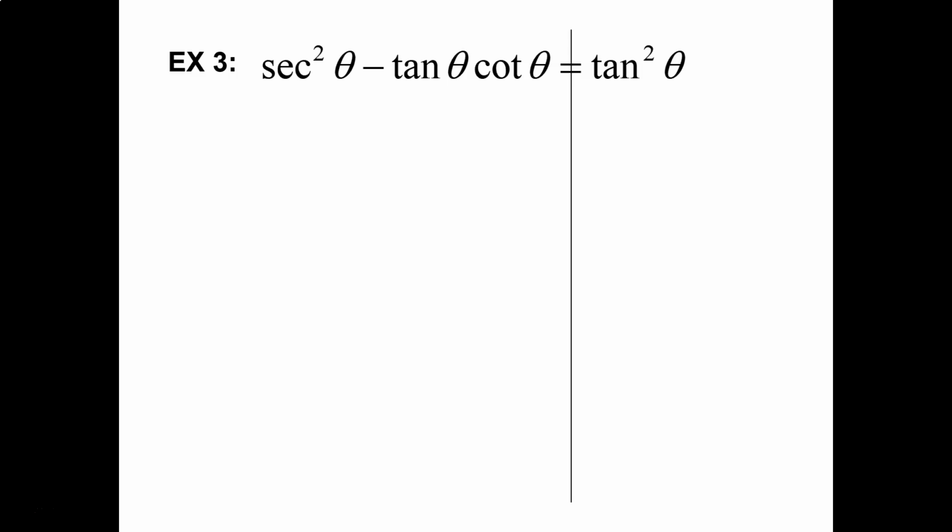All right, so for 3, secant squared theta minus tangent theta cotangent theta is a little more complicated on that left-hand side. I'm going to go with what I know the most efficient way to be.